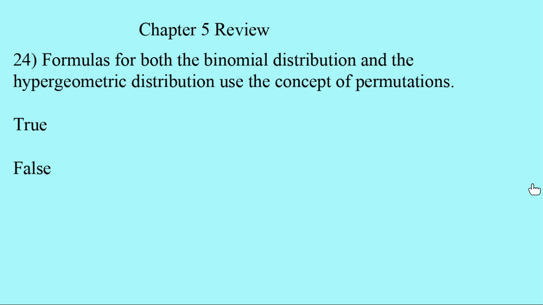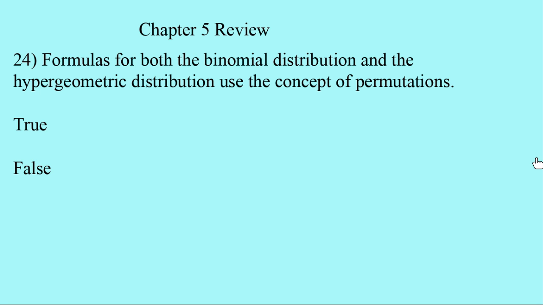Is that true or false? Think about what the distributions do, or how they're used, or how they're measured. So do the formulas use the concept of permutations, true or false?